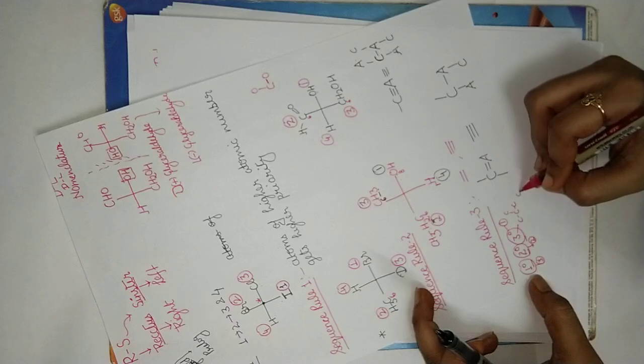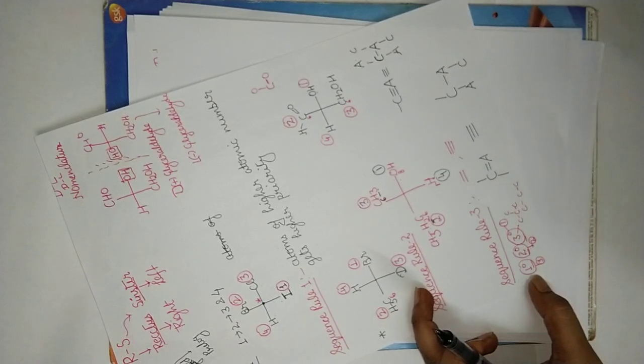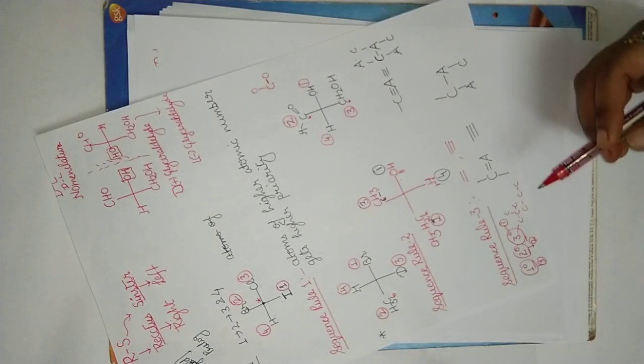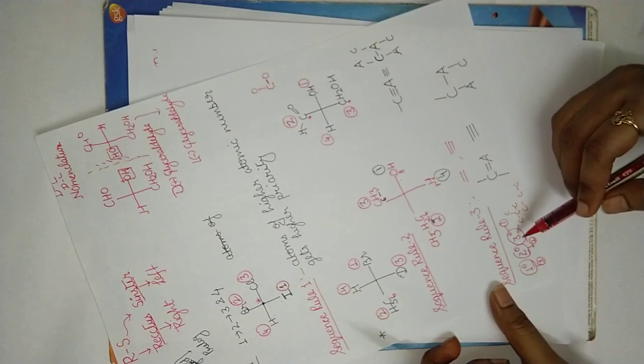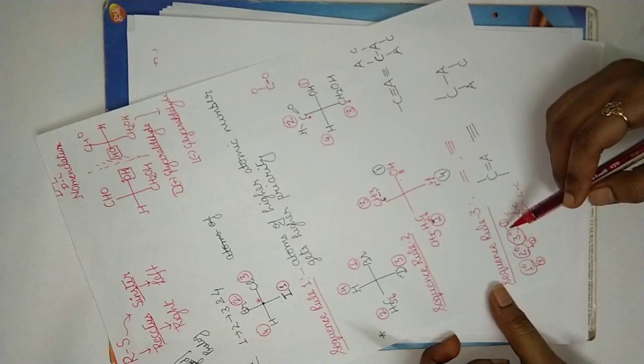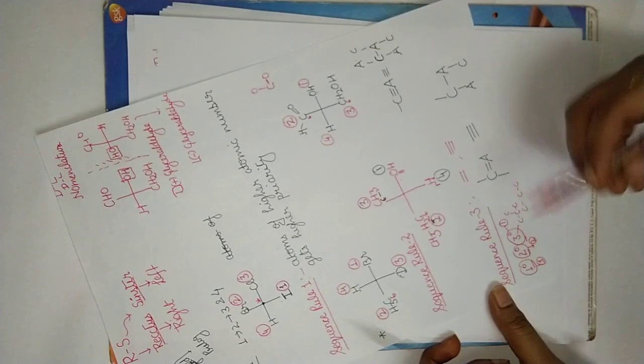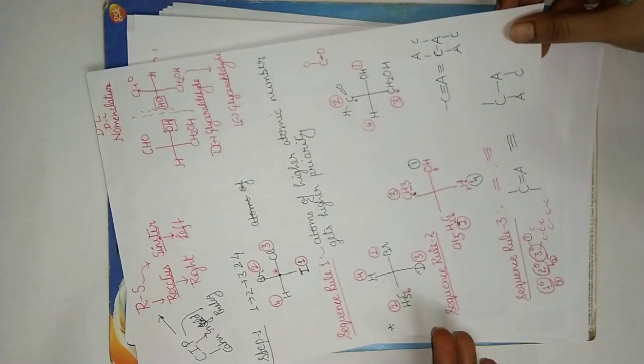Secondary means 1 carbon is connected with 2 carbons. So if tertiary, secondary, primary groups are attached to the chiral center, then tertiary will get 1 number, secondary will get 2 number, and primary will get 3 number. This is the sequence rule under sequence rule 1, sequence rule 2, and sequence rule 3.